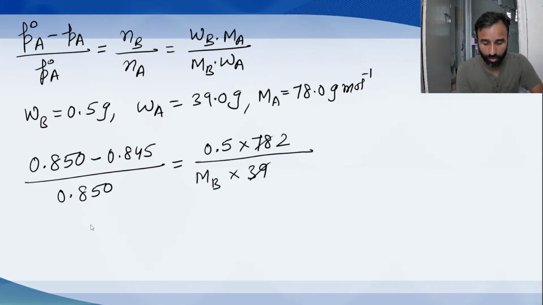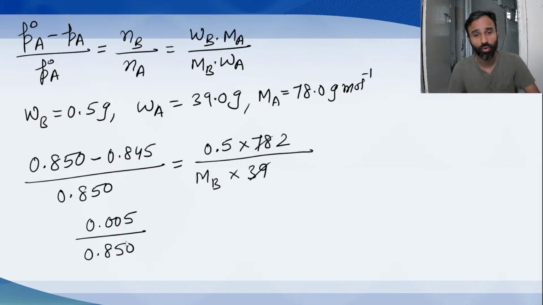So it is 0.005 divided by 0.850 equal to 2 into 0.5, that is 1, upon MB.